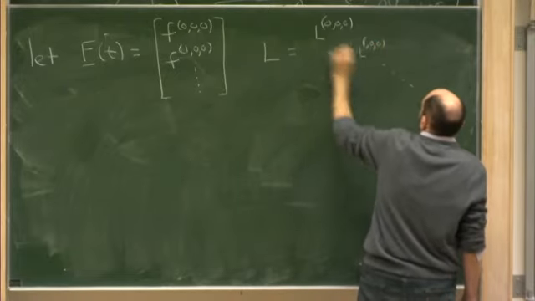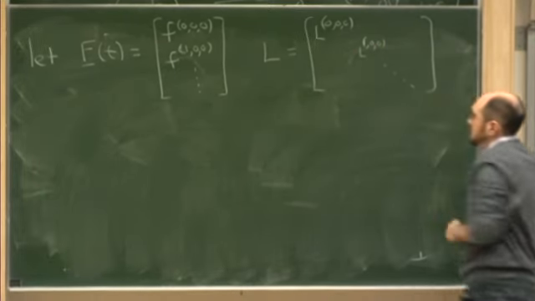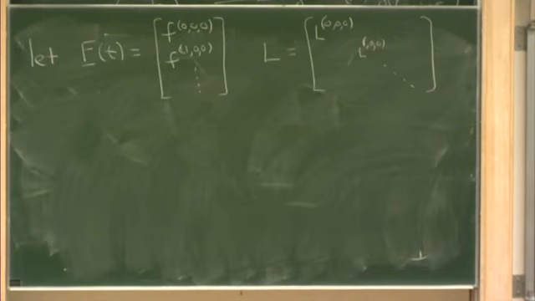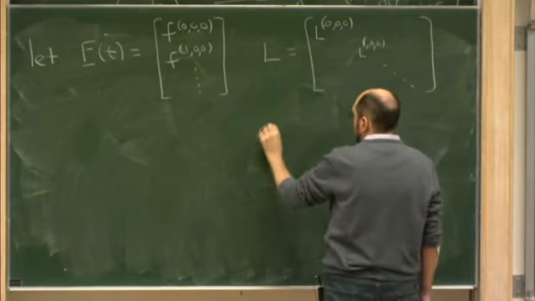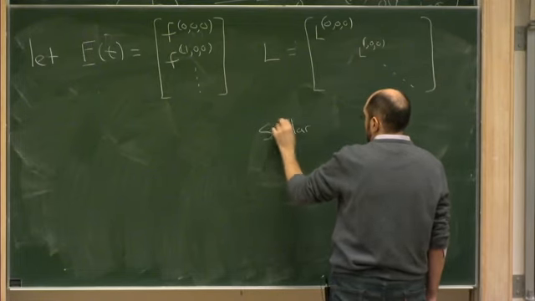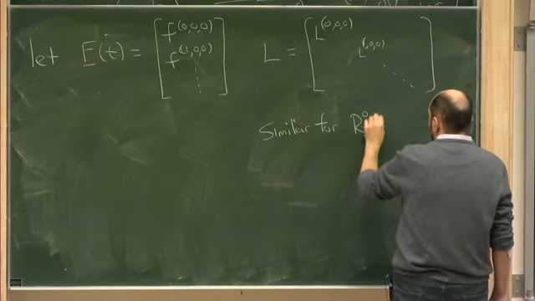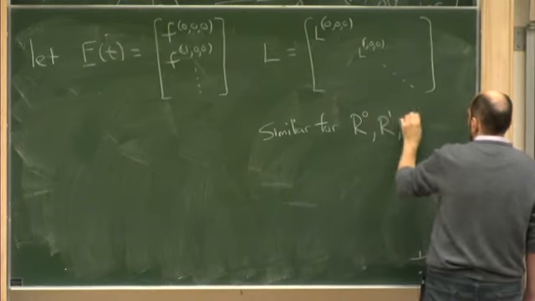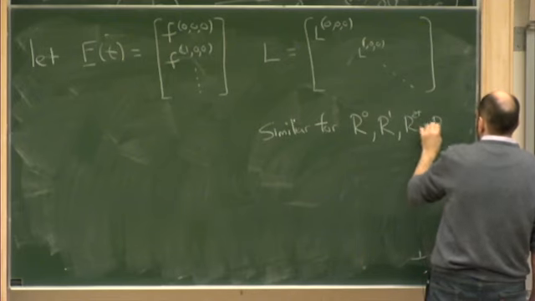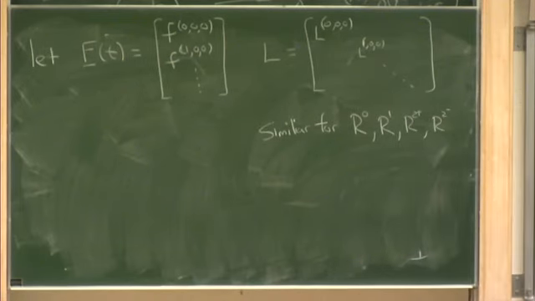Is that clear to everyone? And so on and so forth, right? So similar for the other operators, R0, R1, R2 plus, and R2 minus. So basically, I just put the whole thing in kind of a formal vector notation.